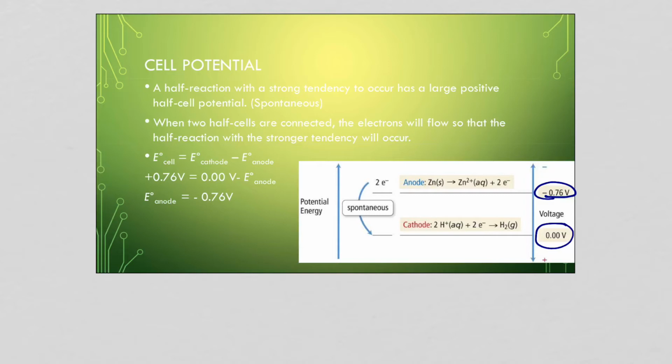And the way that we could calculate the cell potential, right, is to simply take the reduction potential at the cathode minus the reduction potential at the anode. So we saw in the voltmeter that our cell potential was 0.76 volts. We know that where the reduction took place at the SHE has 0 volts. So if we solve for the reduction potential at our anode, we get negative 0.76 volts, right?